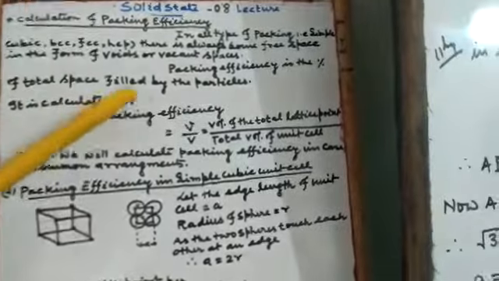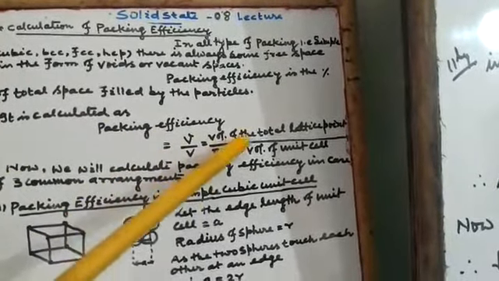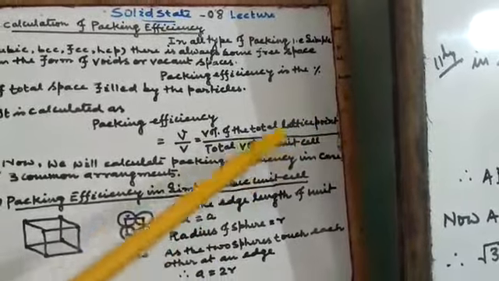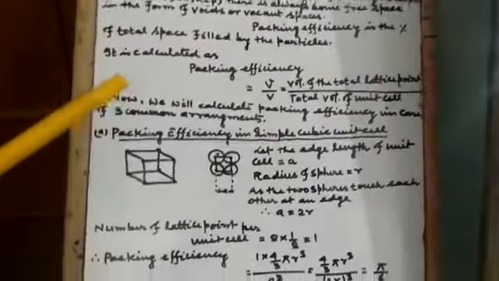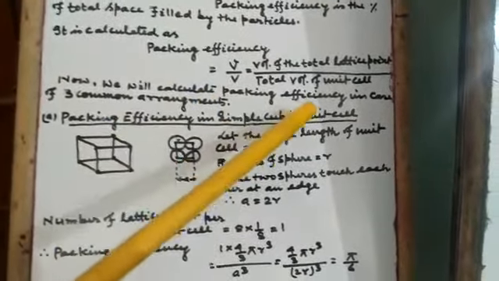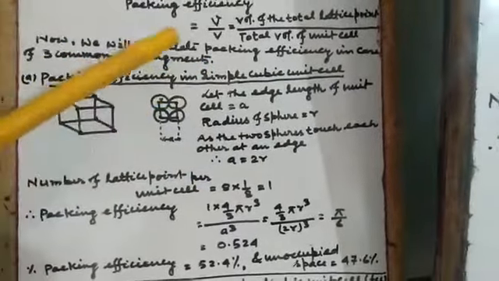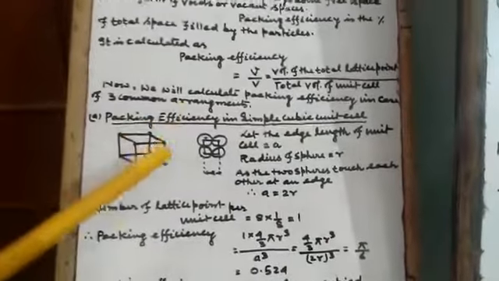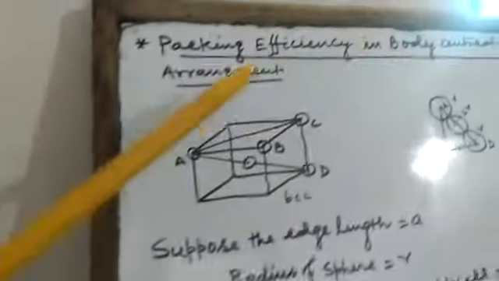It is calculated as packing efficiency equal to volume of the total lattice points divided by total volume of the unit cell. Now we will calculate packing efficiency in three common arrangements: simple cubic unit cell, face centered cubic unit cell, and body centered cubic unit cell.